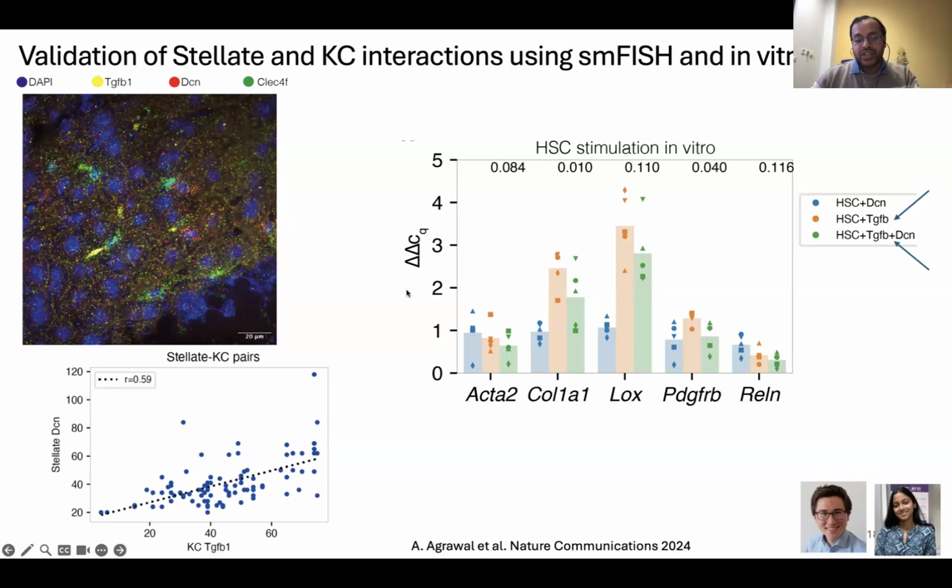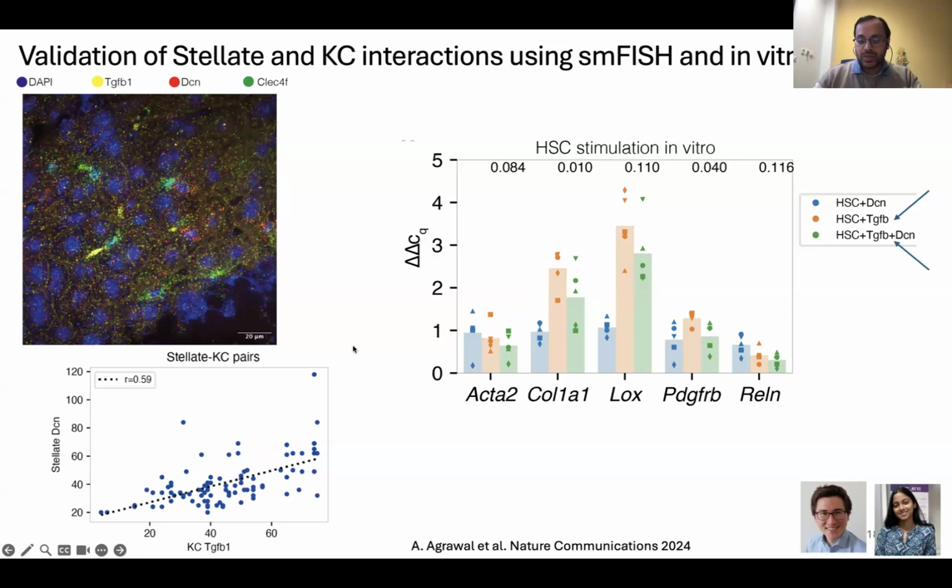And this is the qPCR reading, and this qPCR reading asks the expression of this activated stellate cell marker, shown at each time point, and the different concentrations of TGF beta and the decorin, which show a significant p value. So this suggests that when the decorin concentration is put into this, then the TGF beta pathway signal gets reduced.